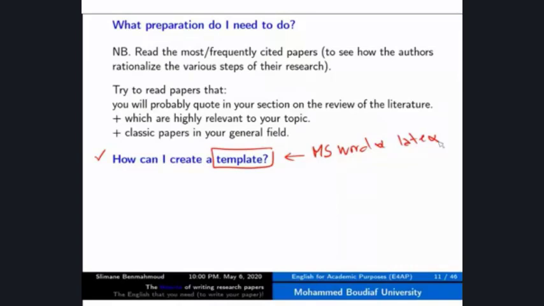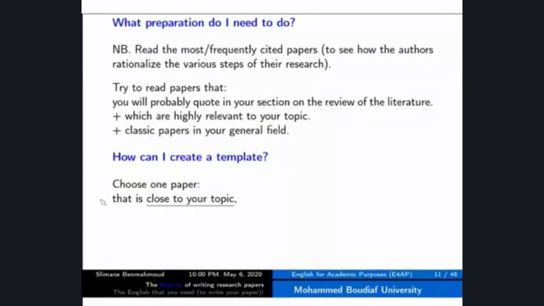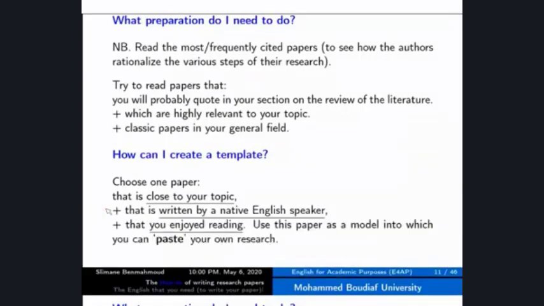Okay, what are the conditions on choosing this paper? Choose one paper, just one paper, that is close to your topic, that is written by a native English speaker, not a non-native English speaker, where you will find a lot of errors.